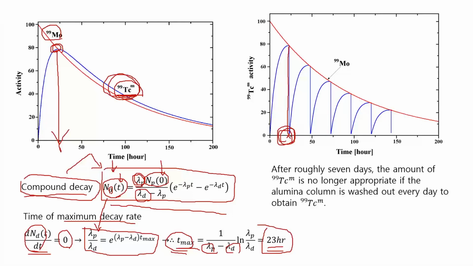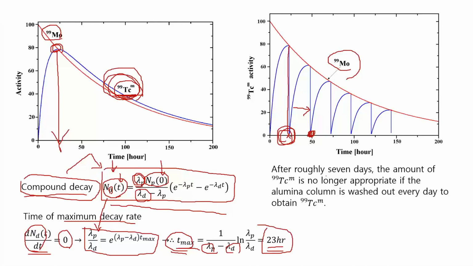And one day after, we again wash out. Then we can obtain some amount of Tc-99m, but the amount is decreased because the molybdenum-99 is decaying as a function of time.